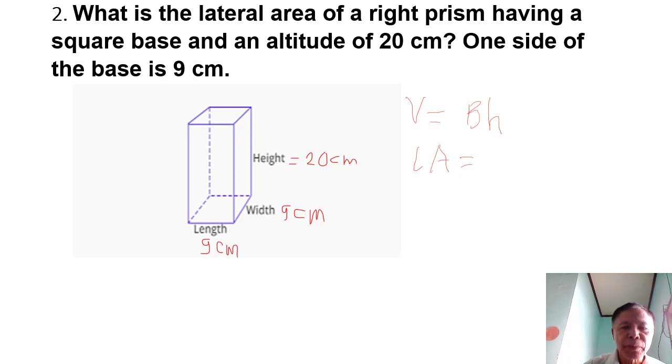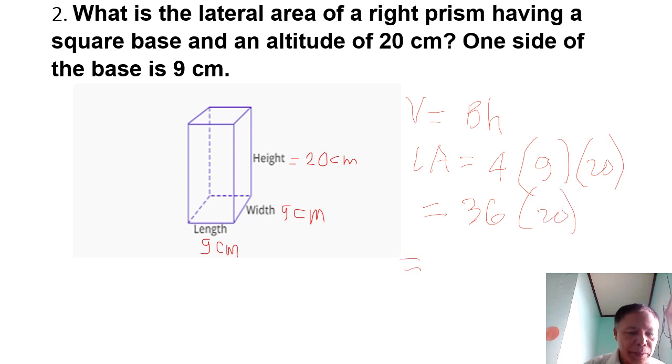So you have 4 areas of the sides, times 9 times 20. So your lateral area equals 36 times 20, equivalent to 720 centimeters squared.